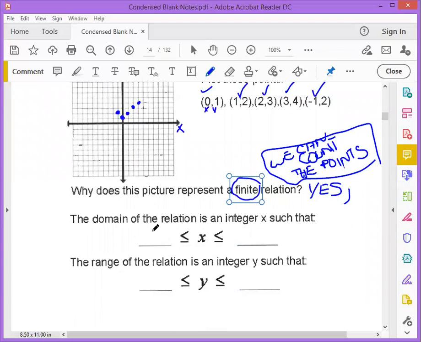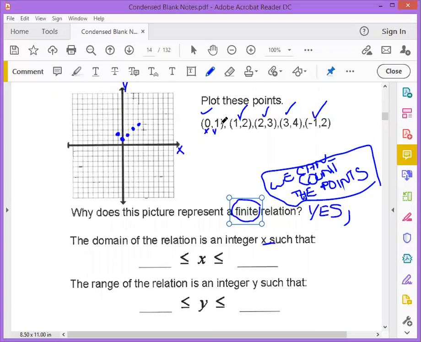Now, the domain of a relation. What would the domain be for the given example here? Domain, remember, is all of these first entries, so all the x coordinates. Our domain we see on the x-axis. What's our lowest number we place on the left, and our highest number we place on the right.